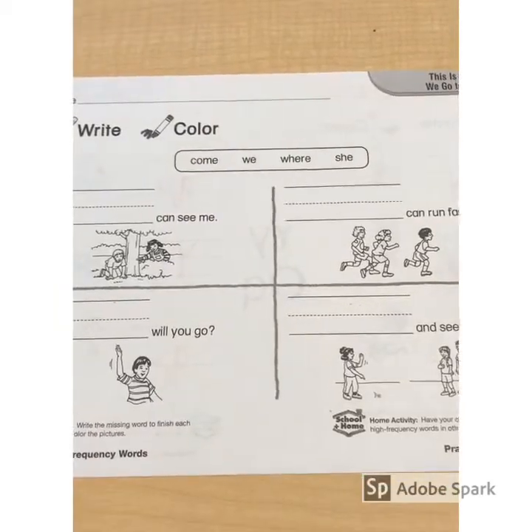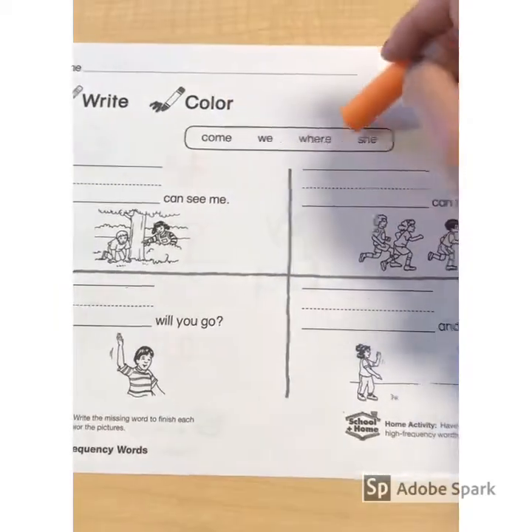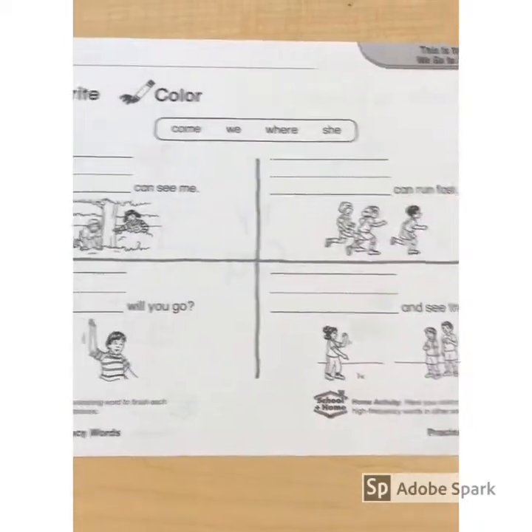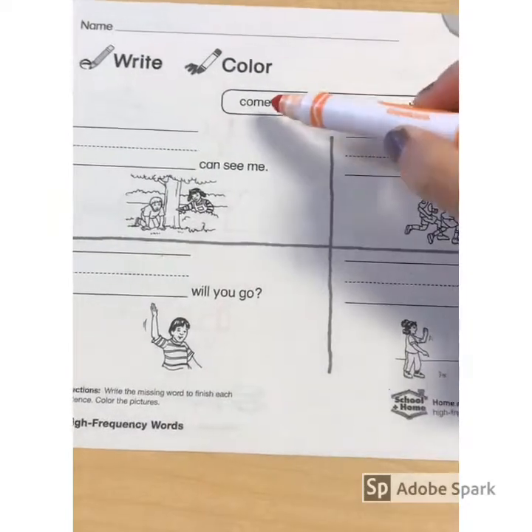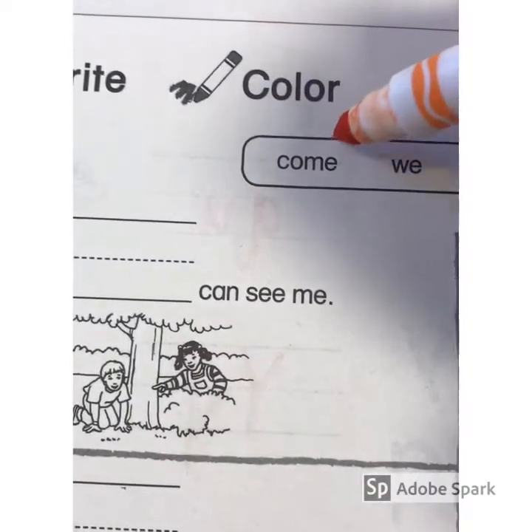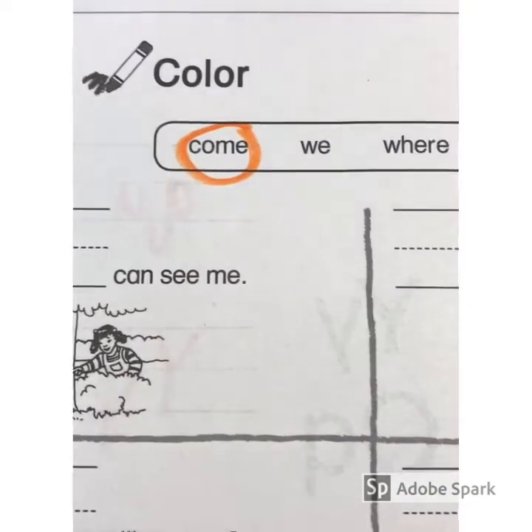Just like normal, we have 4 words in our word box, and we have 4 sentences that we have to place these words into. The first word says, try to read that to yourself if you can, one of our sight words. This word says come, so I want you to circle the word come. This one is super easy, right?